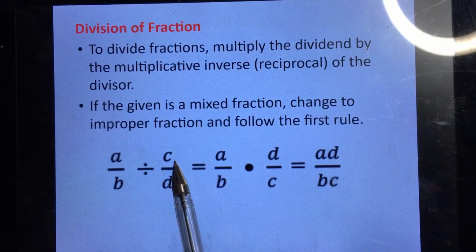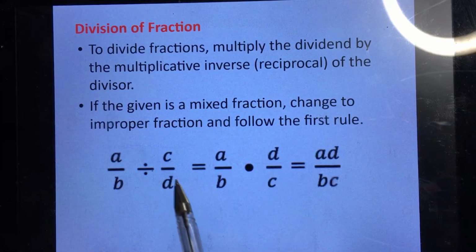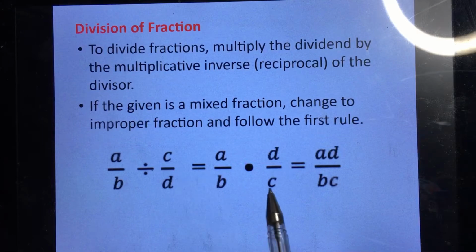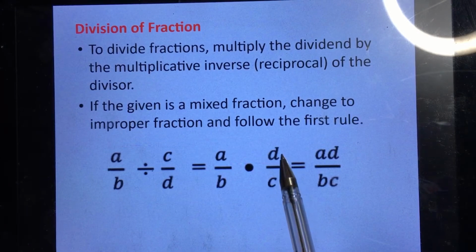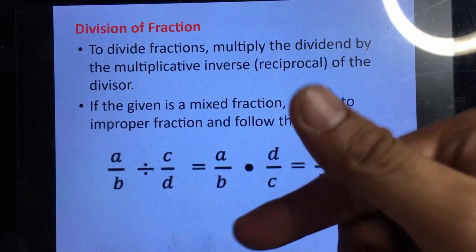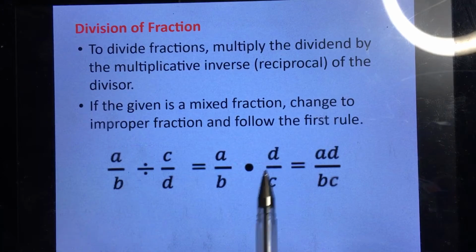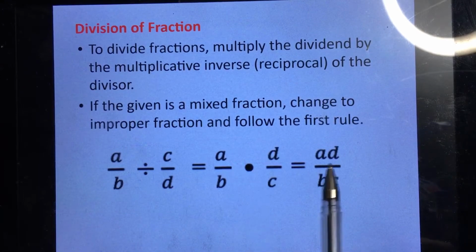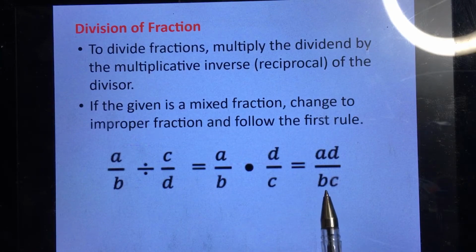The numerator C turned into the denominator, and the denominator D turned into the numerator. You call that the reciprocal. Then division became multiplication.